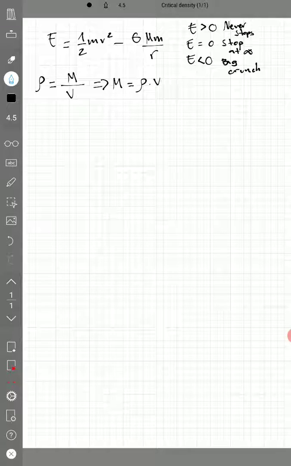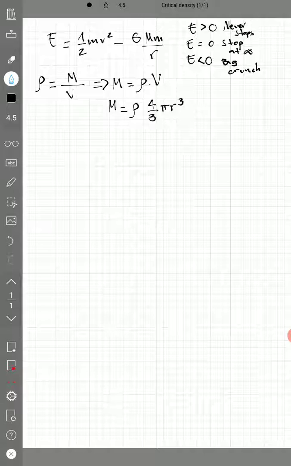Let me make this V a little bit bigger, so it stands for volume, not for velocity. We know that the shape is a sphere, so the volume is 4/3 pi r cubed.